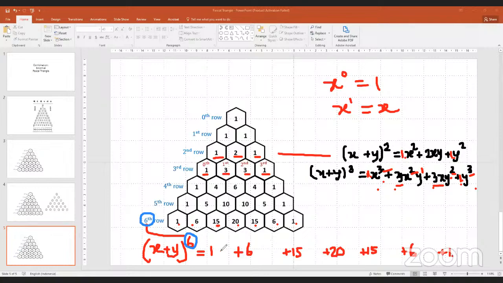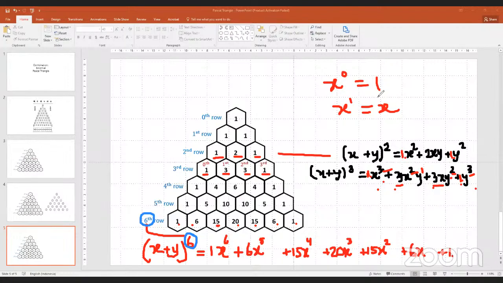Now the x. So x to the power 6, x to the power 5, and so on, x to the power 4, x to the power 3, x to the power 2. Then x. Here is actually x to the power 0.